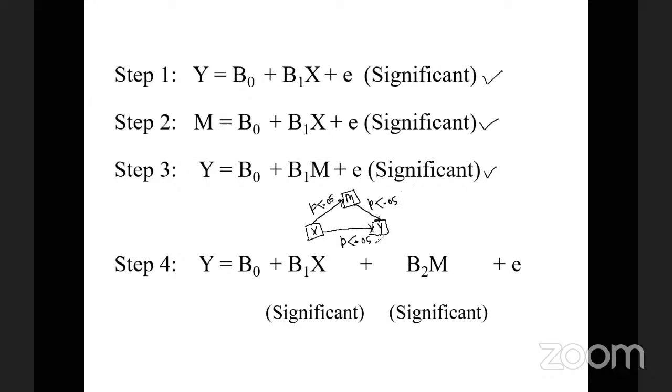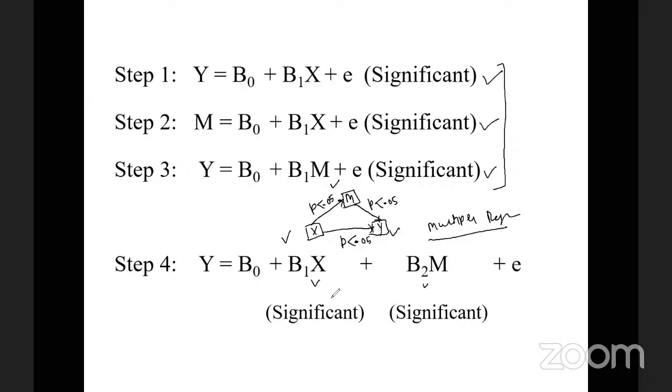These are simple regression analyses, and in stage 4 we use multiple regression analysis, because we are taking the independent variable and the mediator variable simultaneously. Both the variables we are taking and finding the relationship with the Y variable.